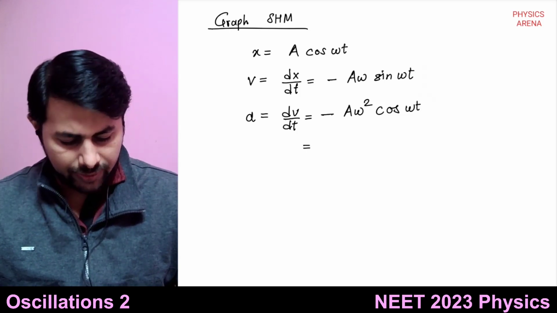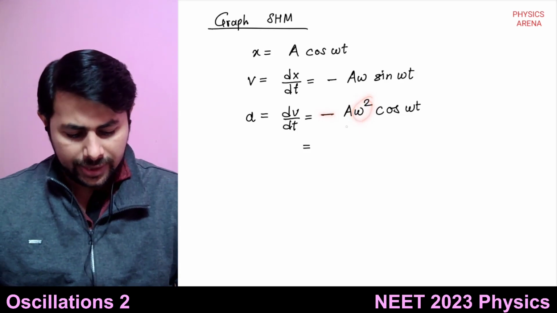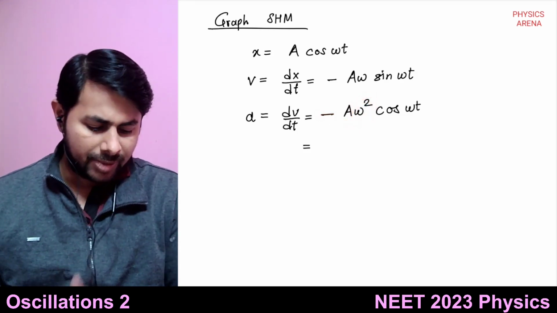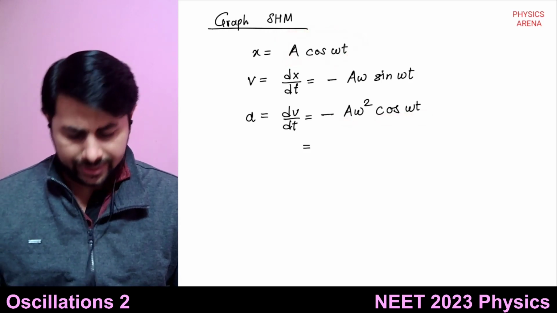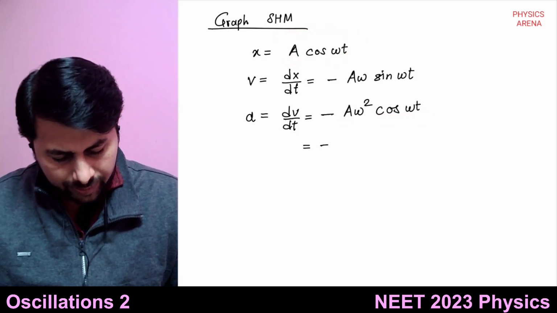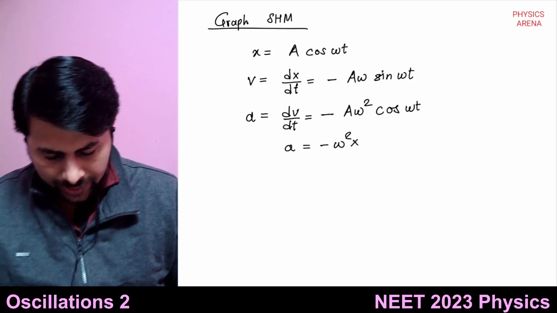Taking minus omega square out, it is minus omega square multiplied by a cos of omega t. So a cos of omega t is x, and acceleration is minus omega square multiplied by x, right?